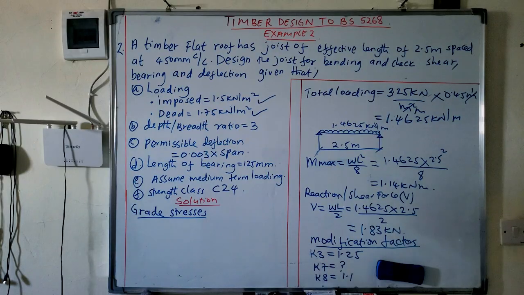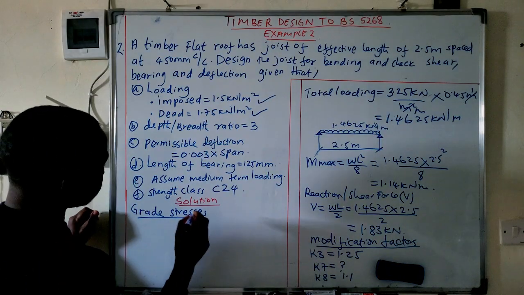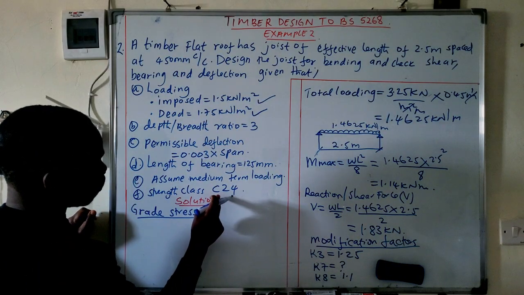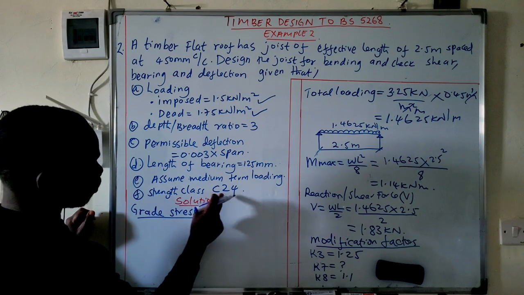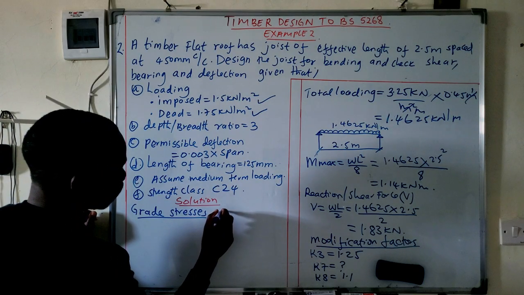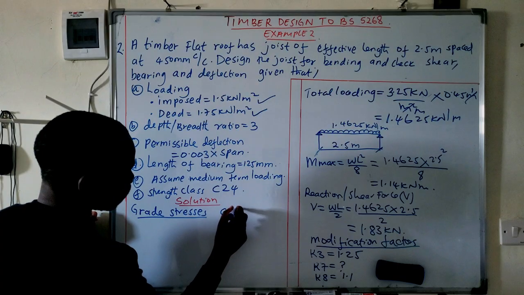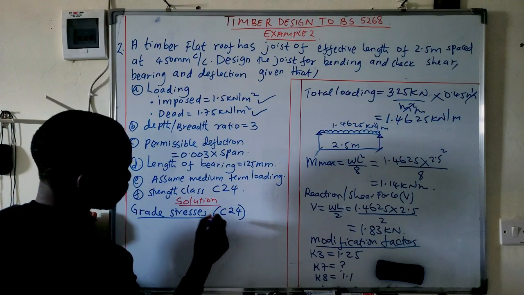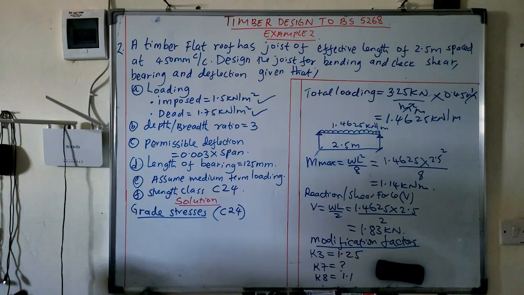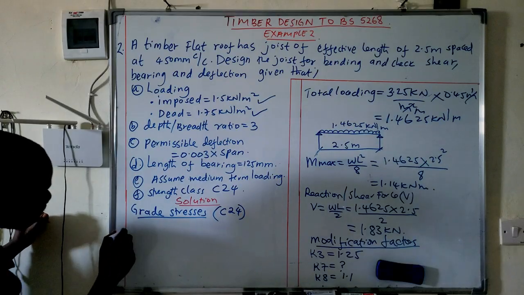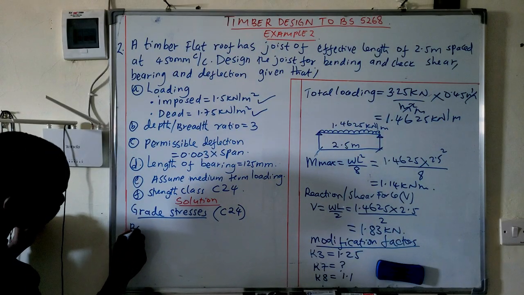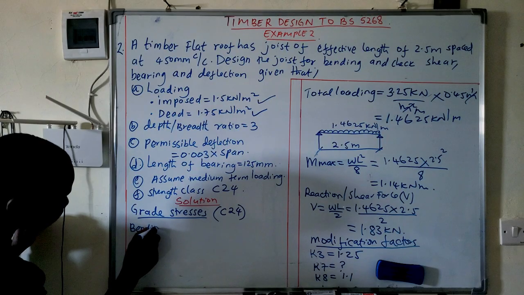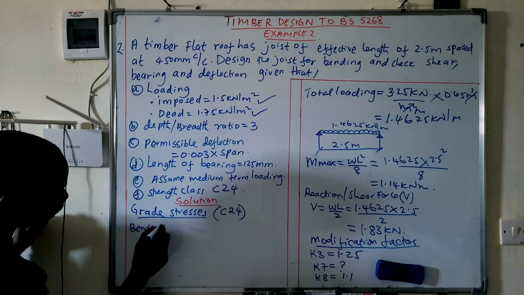These grade stresses will be obtained from the table which corresponds to strength class C24. So we will have bending parallel to grain.